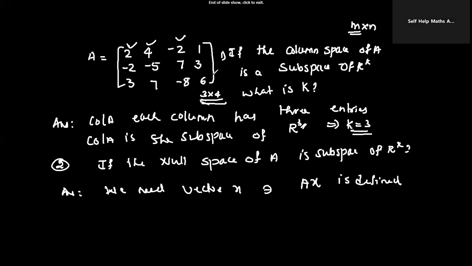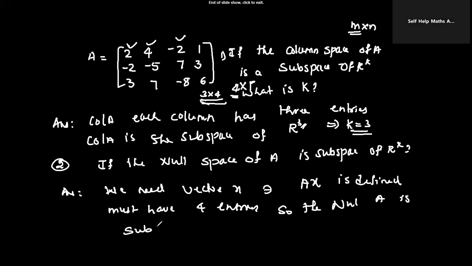To multiply this matrix with another matrix, I should have 4 cross p, where p may be any number, so the vector must have 4 entries. So the null space of A is a subspace of Rk, and K should be equal to 4.